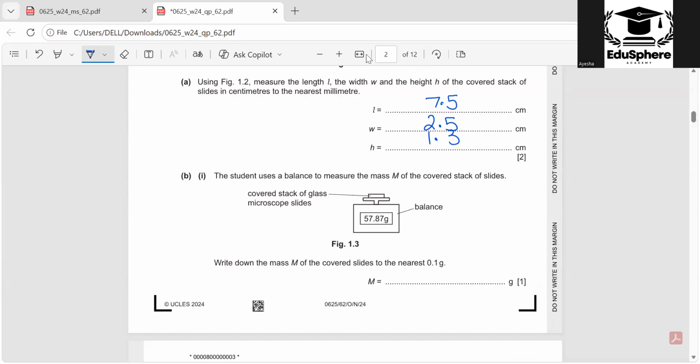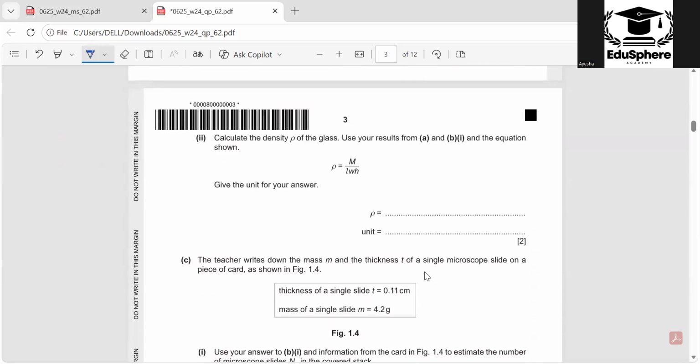Measuring to 0.1 grams means we take the first decimal place and round it. After the 8 we get 7, so it rounds up, and this becomes 57.9. So the value is 57.9 grams.